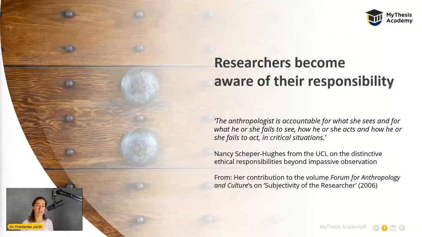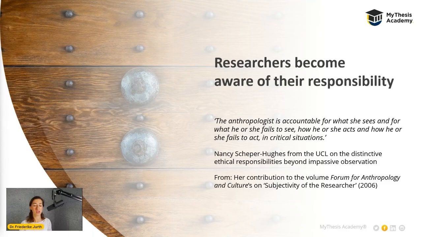So, for example, Nancy Scheper-Hughes from the University of California wrote a contribution to the volume Forum for Anthropology and Culture on the subjectivity of the researcher in 2006.